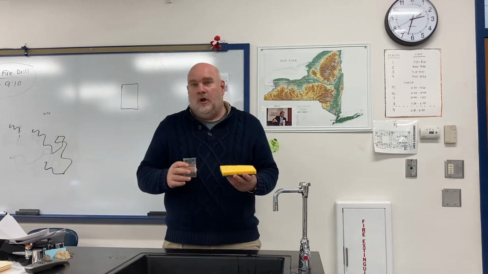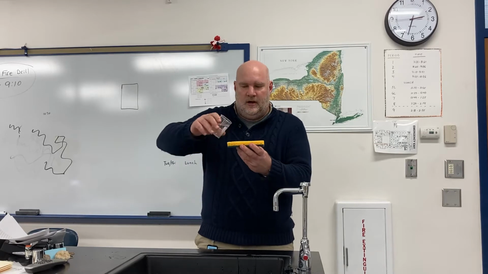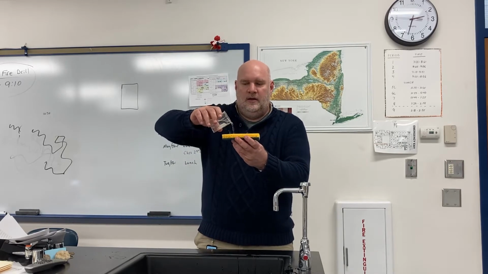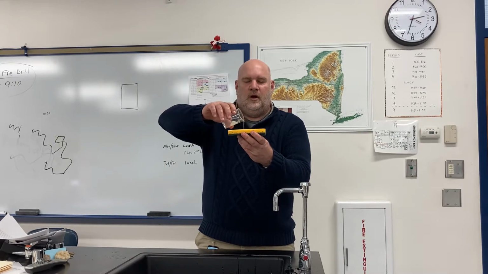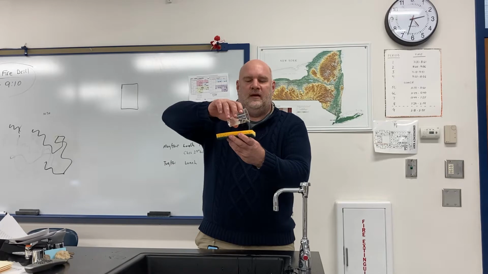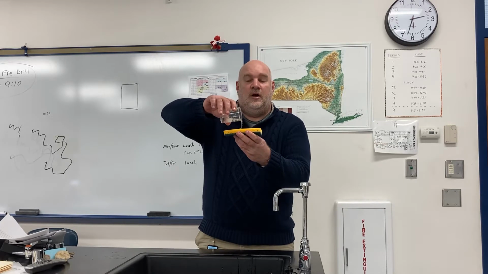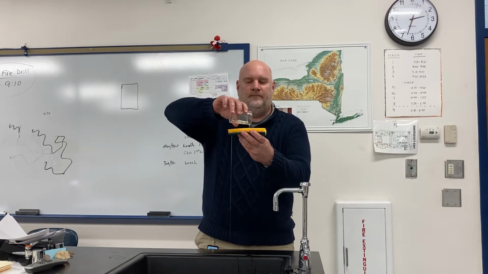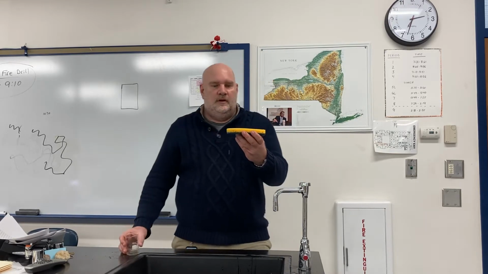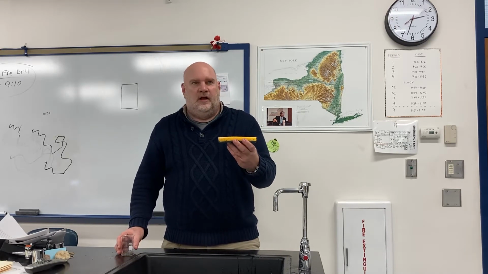An all-day drizzle is a slow rain all day long. What you'll notice is when I slowly pour the water into the sponge, or it slowly rains outside over a long period of time, the sponge or the ground is able to take in most of the water. That's what happens when there's a mild or slight rain.